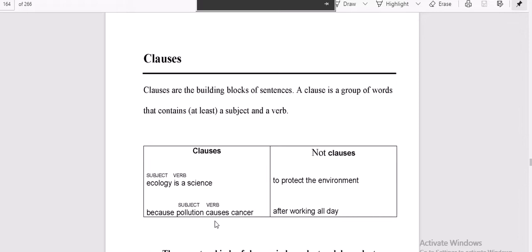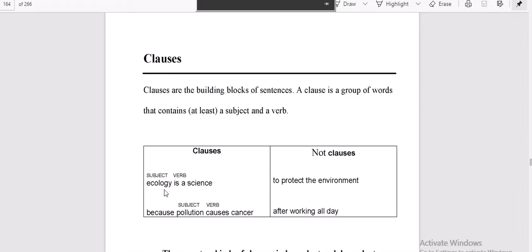Okay? In the first type of clauses, which is the independent clause, we can see a subject and a verb. The subject here is ecology, and the verb is the present form of the verb to be, which is "is". So this sentence is: ecology is a science. This sentence is what?